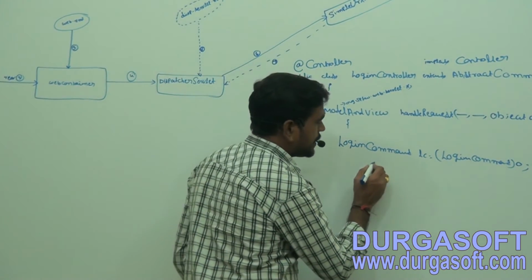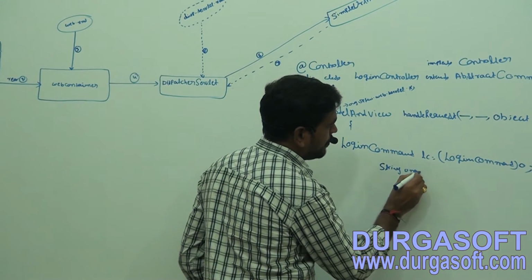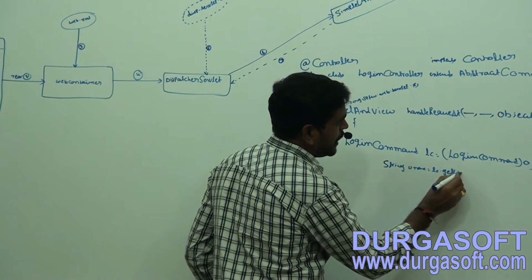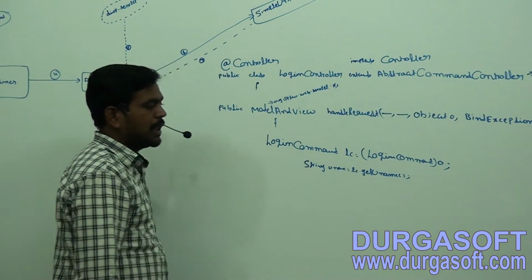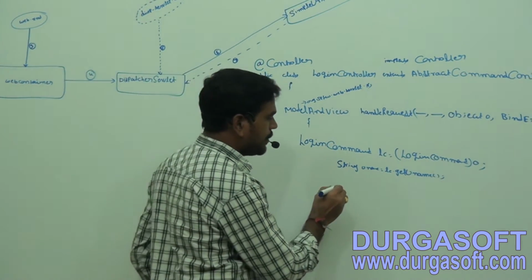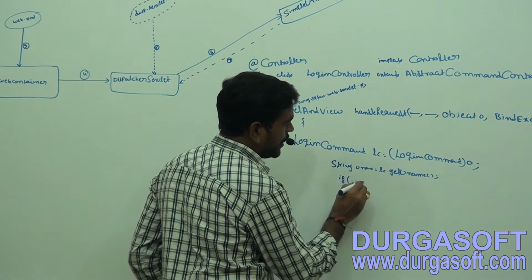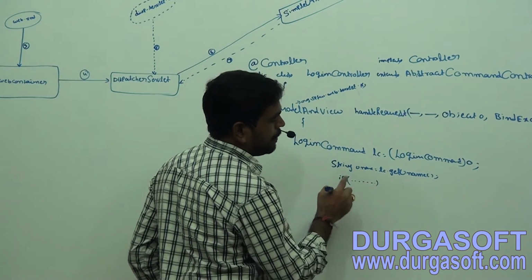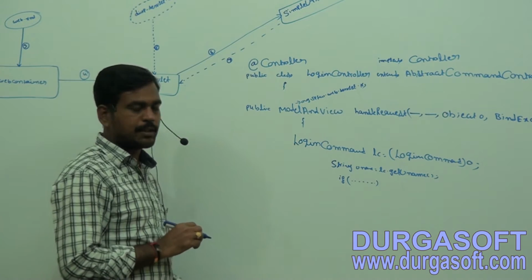Then after that, String uname equal to lc.getUname. I am getting the username and password, everything. After that I write here: if uname.equals("Durga") and pw.equals("tech"), small business logic.